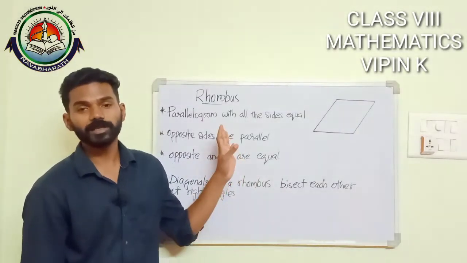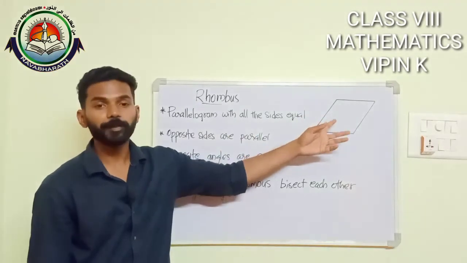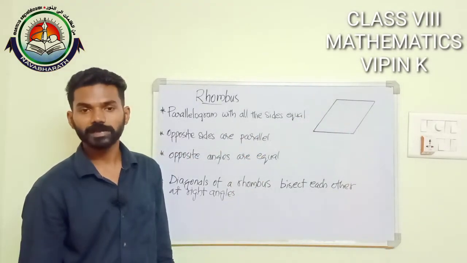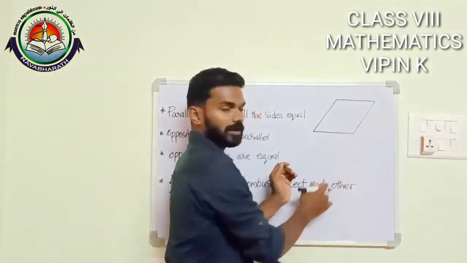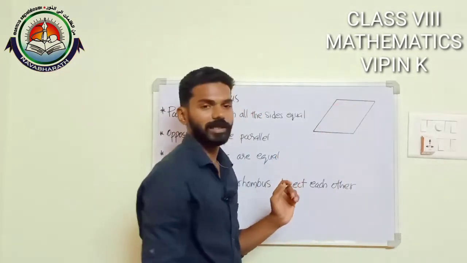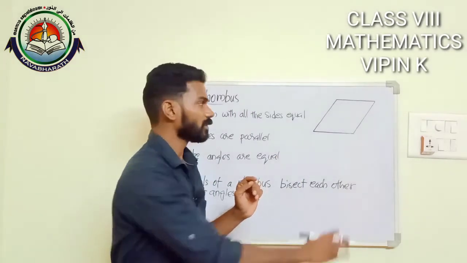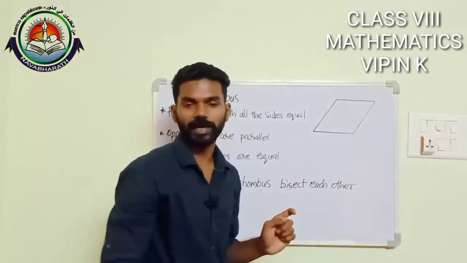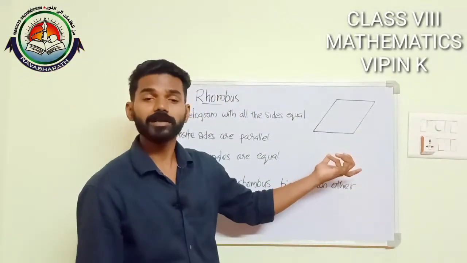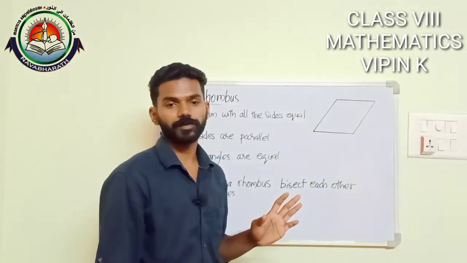See, the figure shows a parallelogram. Why is it a parallelogram? Its opposite sides are parallel and equal in length. These two sides are parallel. Similarly, these two sides are also parallel, and they have the same length also.